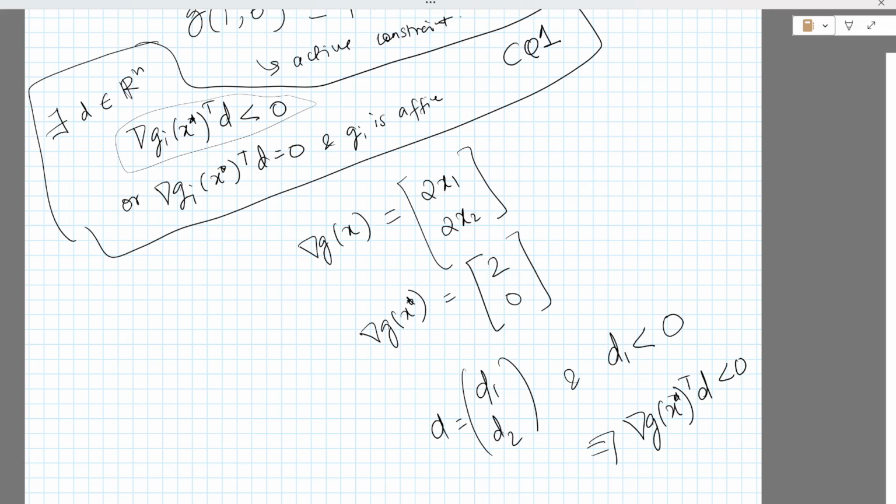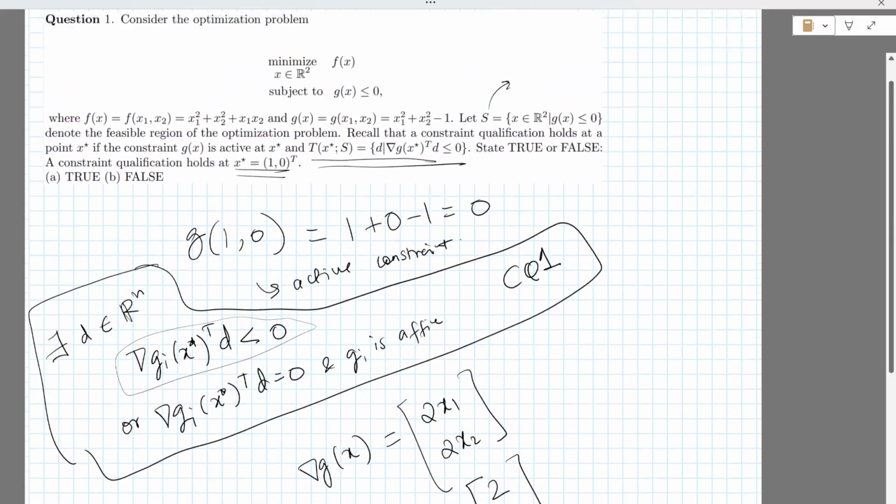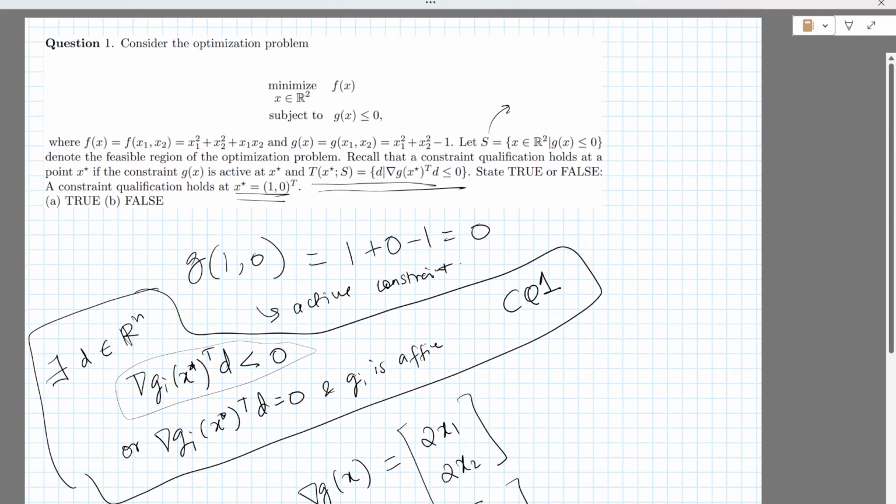So there is such a d. That means the constraint qualification holds at x star, so you can say this is true.